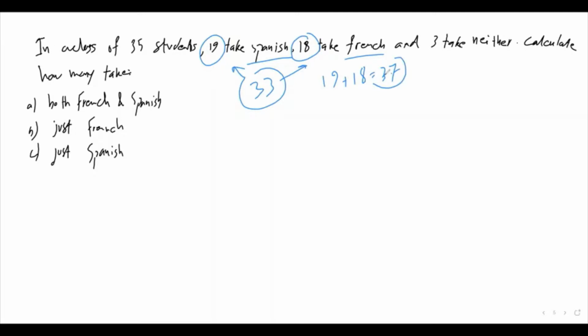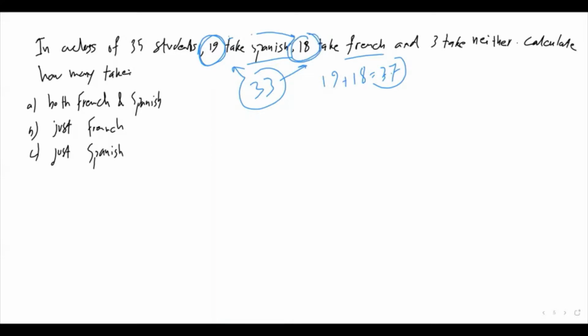It's actually our logic that is wrong, because who said that these 19 only take Spanish and these 18 only take French? They didn't say anything like that. It means some of these 19 are also taking French, and some of the people who take French are also taking Spanish.